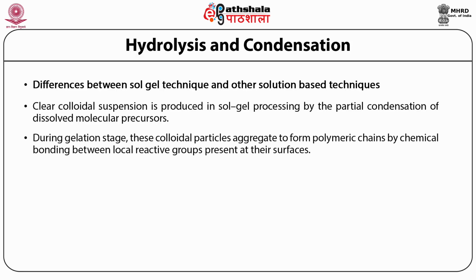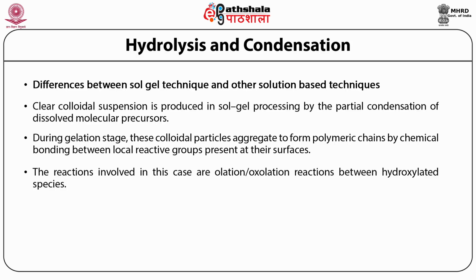Then, during the gelation stage, these colloidal particles aggregate to form polymeric chains by chemical bonding between local reactive groups present at the surfaces. Both these steps are determined by the condensation processing, whose first step involves the hydrolysis of hydrated metal ions or metal alkoxide molecules.